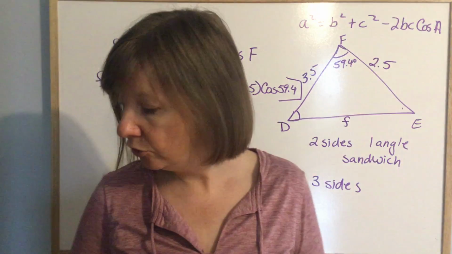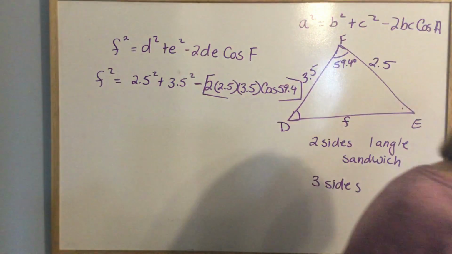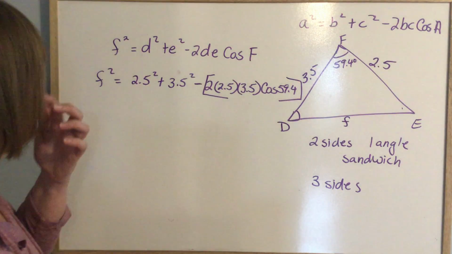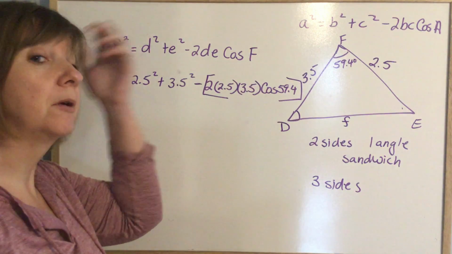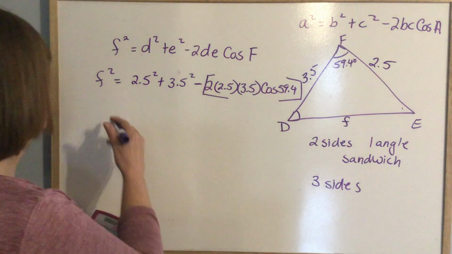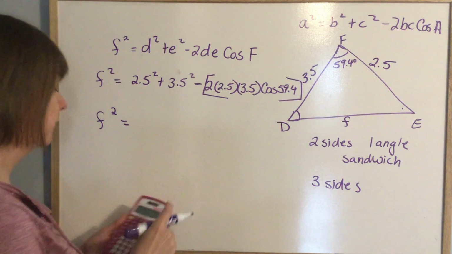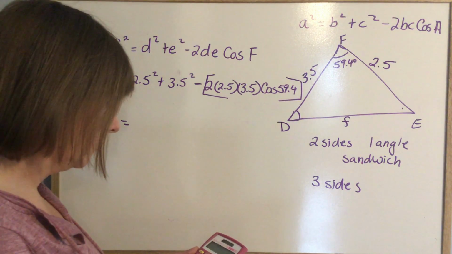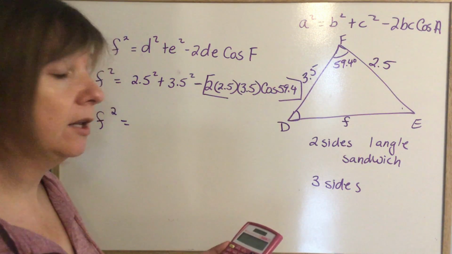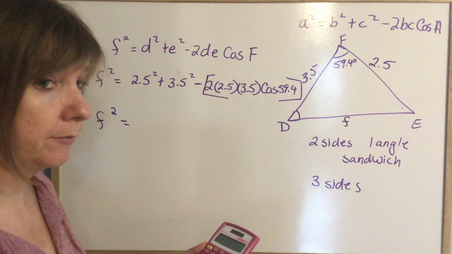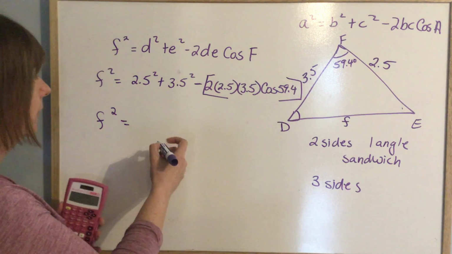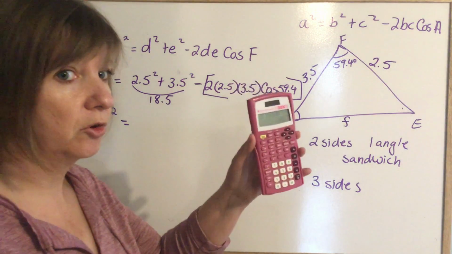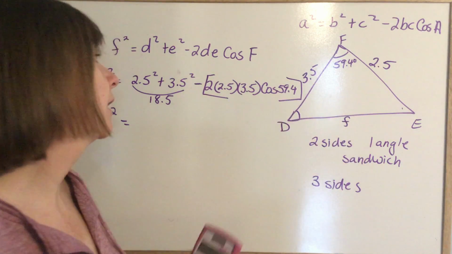Now again, I can do this in my calculator in one step. There's my calculator, I couldn't remember where I put her. If I'm going to put this in my calculator all in one step, it can be done, but here's what I'm going to do. So F squared is equal to, I'm going to do 2.5 squared plus 3.5 squared, and I'm going to hit equals, which is 18.5. Don't know if you can see that, but that's what it is.